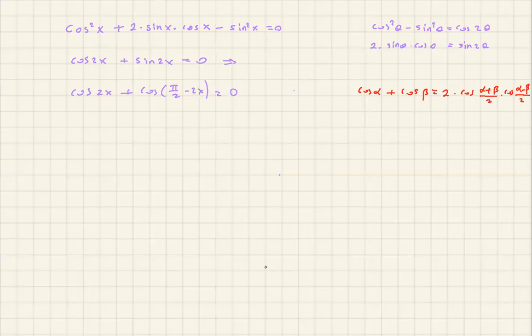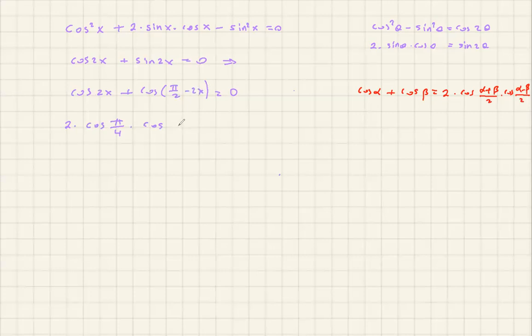If I apply this, I should be getting 2 times cosine of the sum of the angles, 2x and this guy. If you add those, the 2x will cancel. You get just pi over 2, but there's a half as well, so that will make pi over 4, times cosine of the difference of those two angles: 2x minus pi over 2 minus 2x.